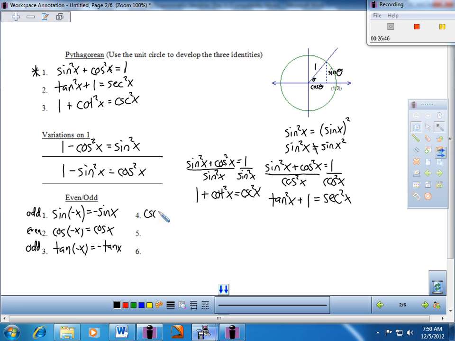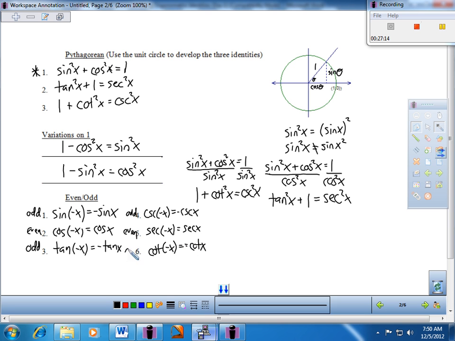I doubt we will ever see the secondary ones here with these even odds. But cosecant would also be odd, by the way. And secant would be even. And last but not least, everybody, cotangent would be odd.